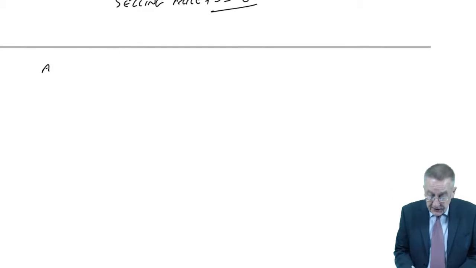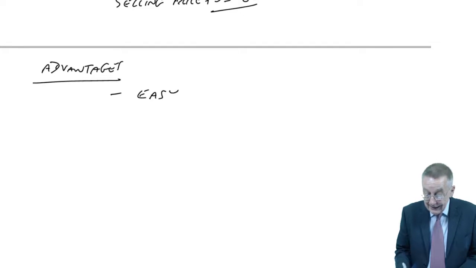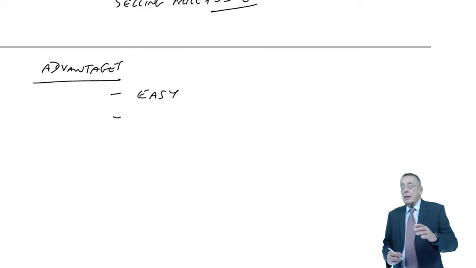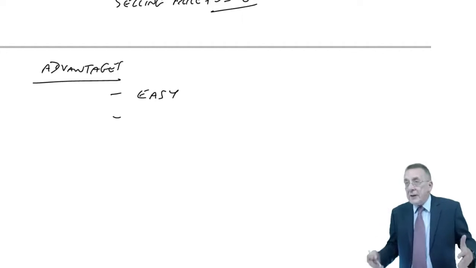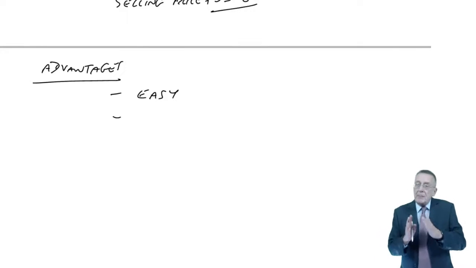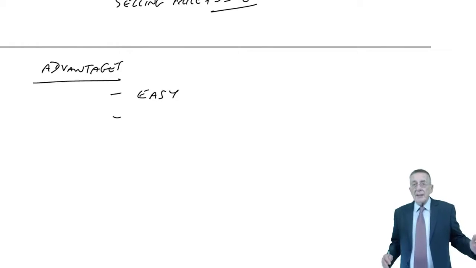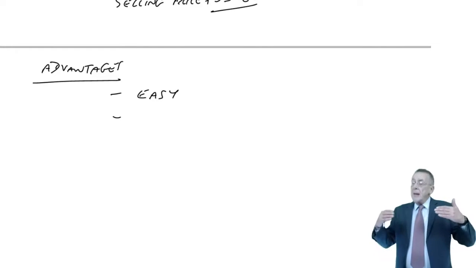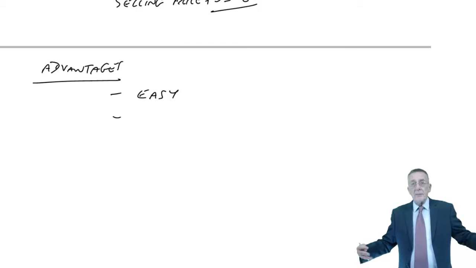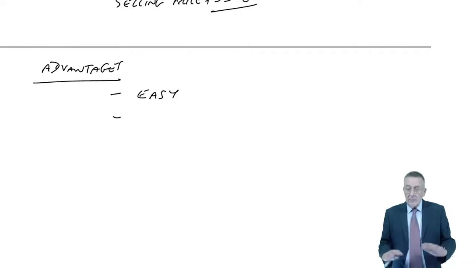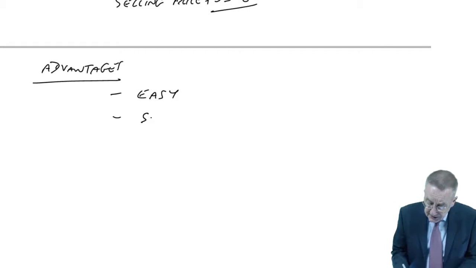The advantages are, of course, it's easy. That's not a very good reason for doing something, but where it can be particularly useful is if we're making lots and lots of different products, then we can have a standard policy for all of them. All our products, work out the cost, add on 20%. You know, in that sense, easy, a standard policy.